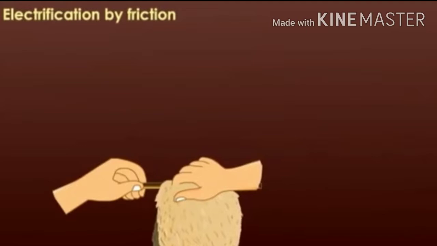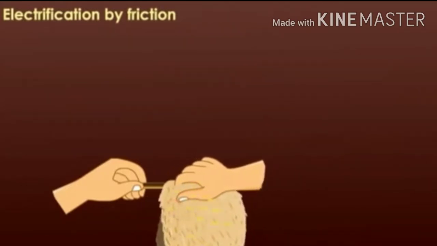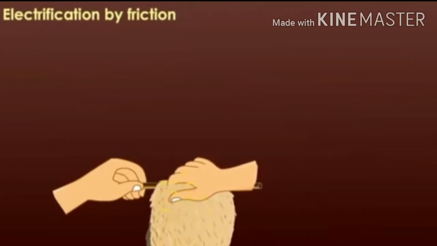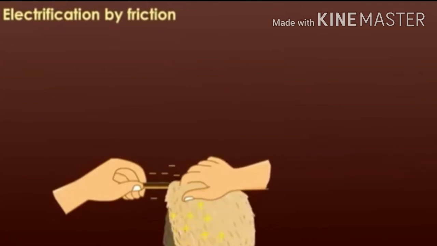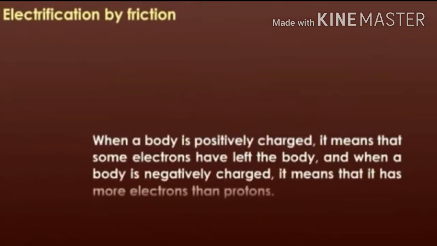Similarly, when ebonite is rubbed with fur, electrons are transferred from the fur to the ebonite, making the ebonite negatively charged and the fur positively charged. When a body is positively charged, it means that some electrons have left the body.